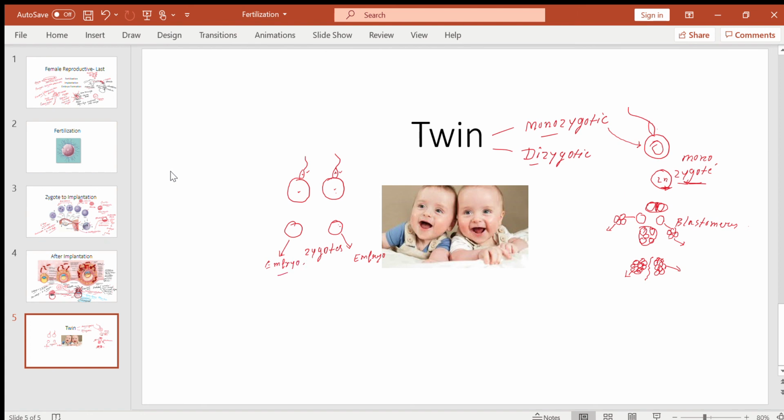Okay, so this is dizygotic twin. So I think that's all you need to know from this lecture. This is what we need to know after fertilization, what happens.